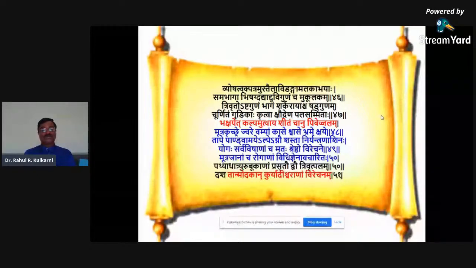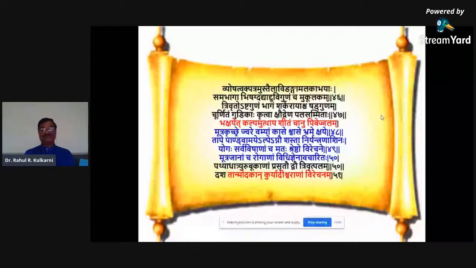Mutra kruchre jware vamya kase shwase brahmekshaya tape pandavamaya alpe agno shastaha Niryantrana Ashinaha. Again, this also can be used without any dietetic restriction in all these above conditions, just like Mutrakruchra, Jwara, etc. Yogaha Sarva Vishanam cha Mataha Shreshto Virechane.